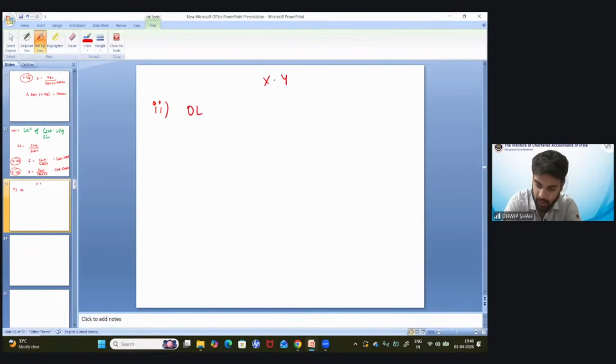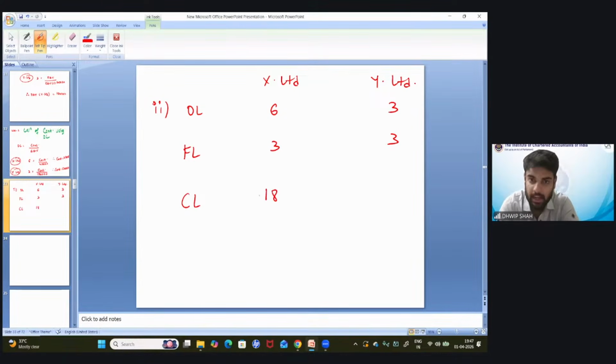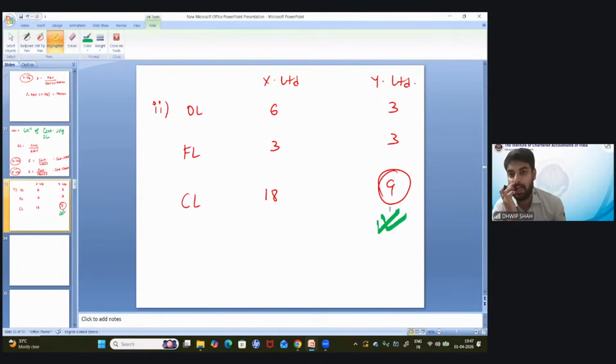So point number 2, operating leverage for X Limited is 6, for Y Limited is 3. Financial leverage is 3 and 3. So can I say combined leverage would be 18 and combined leverage would be 9? Can I say Y Limited is less risky compared to X Limited? Yes or no? What is the reason? Because its operating leverage is lower.